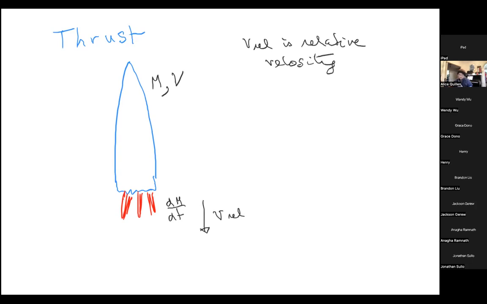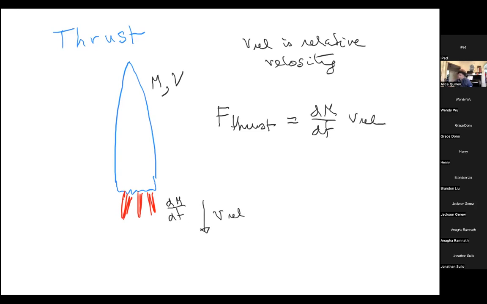Because the rocket is expelling material, that's going to push it forward. So there's a thrust force that's making the rocket go up, which is related to the outflow rate for the propellant times the relative velocity.